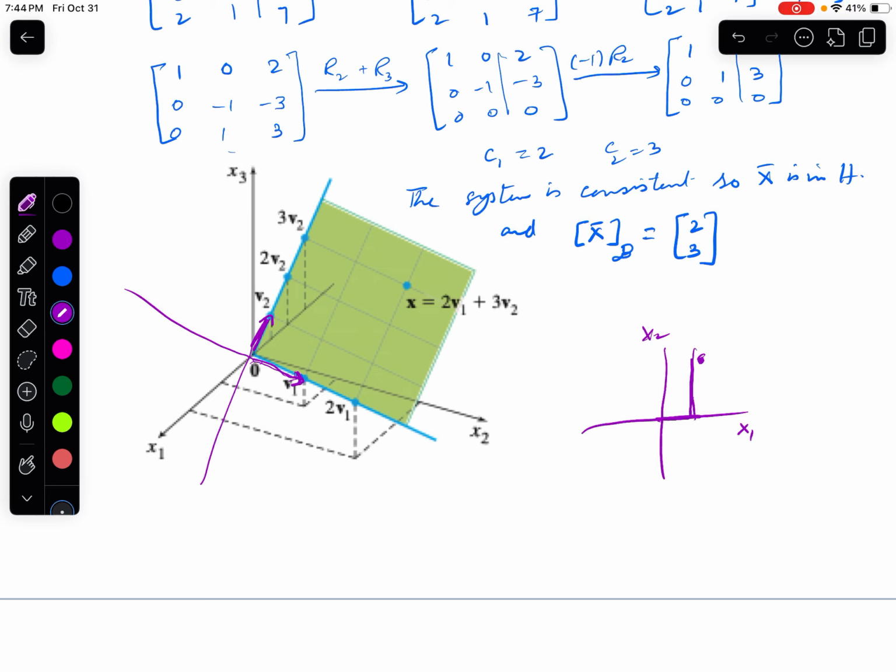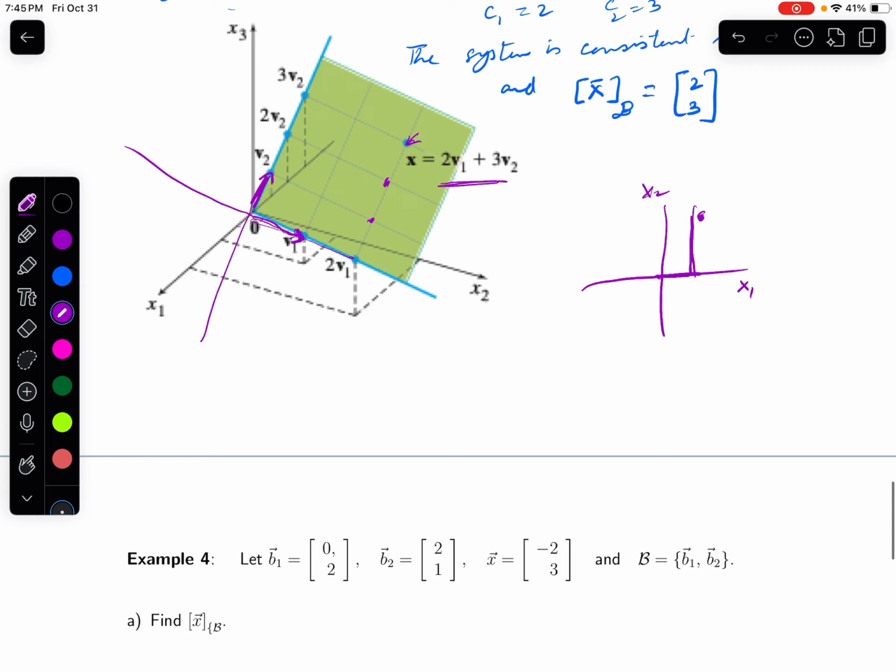Same thing here, this is our x, and we can see that we go 2 v1s and 3 v2s. So these are the grid points where the v1 and v2 parallel lines intersect, and that's why the coefficients of v1 and v2 are 2 and 3.